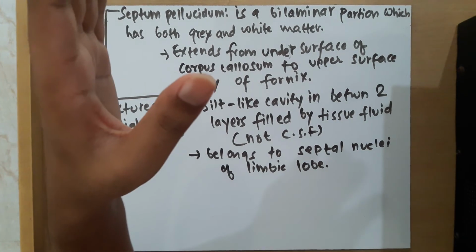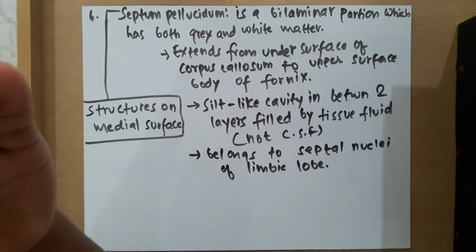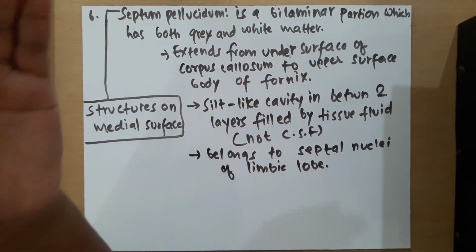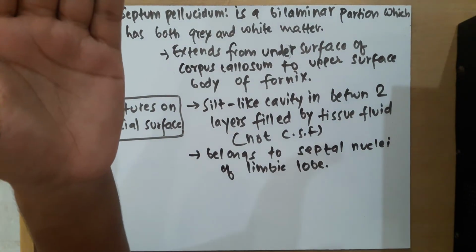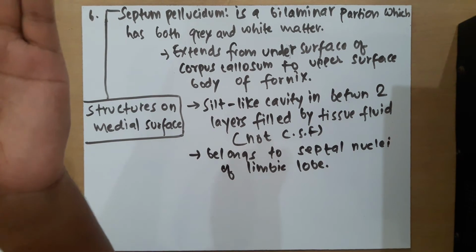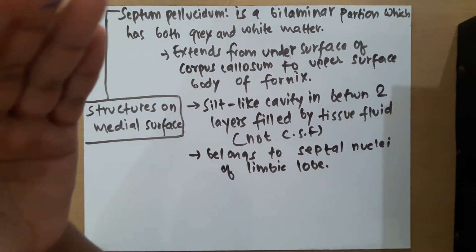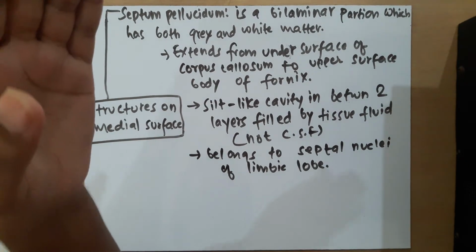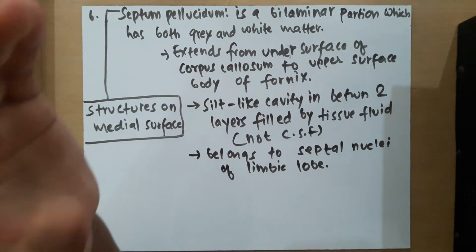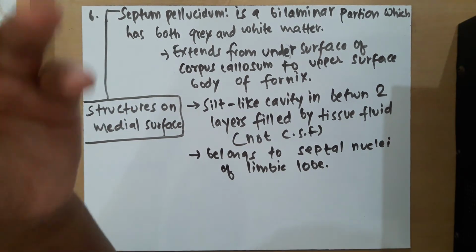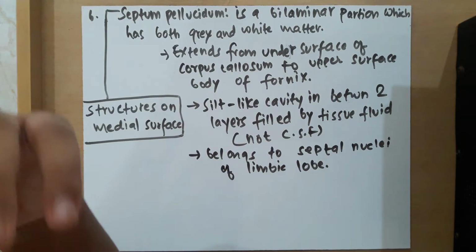When we talk about the ventricles in the cerebrum, the third ventricle or the lateral ventricle, they are the cavities where CSF is formed. Yes or no? So removal of the septum pellucidum exposes the anterior horn and the central part of the lateral ventricle, which presents as a bulging of the head and the body of the caudate nucleus.